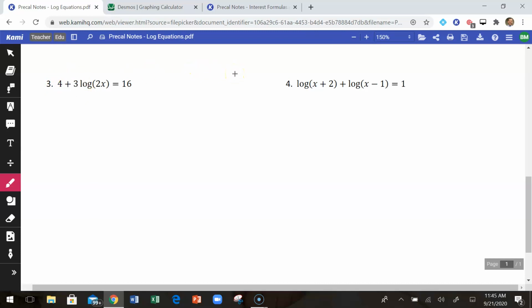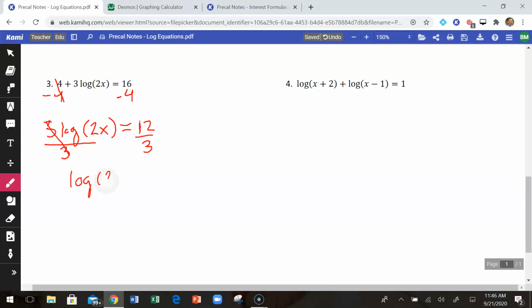So what I have to do is actually just subtract the 4 first. So we have 3 log of 2x is equal to 12. Then I'm going to divide by 3 in order to get rid of that 3 out front, and I'm going to have log of 2x is equal to 4.